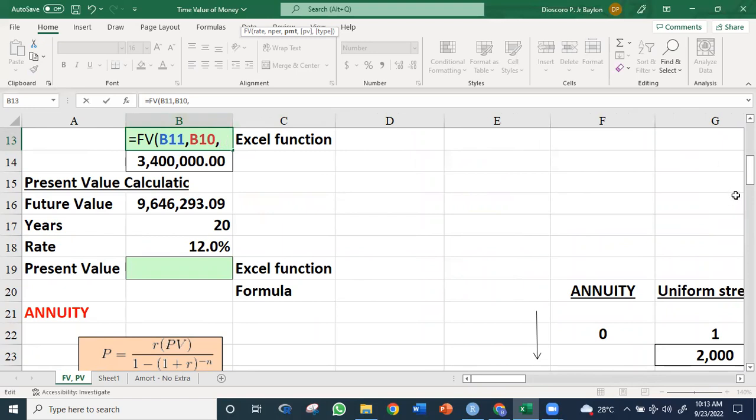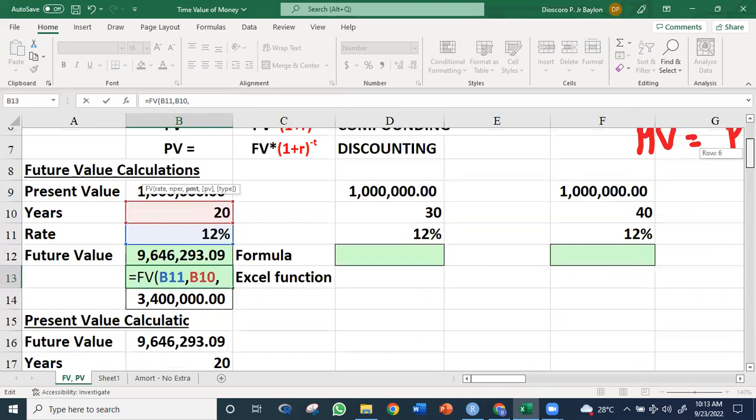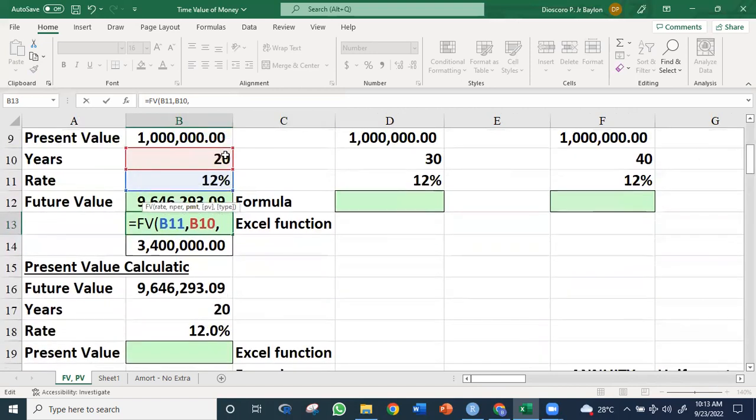Okay, now back to our formula here. Now this is not an annuity. This is just a single cash flow. We're investing 1 million now, and we would like to know how much that will be in 20 years' time.